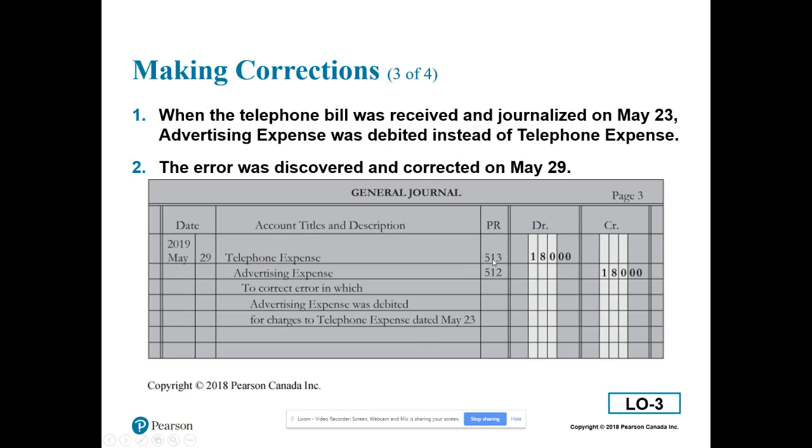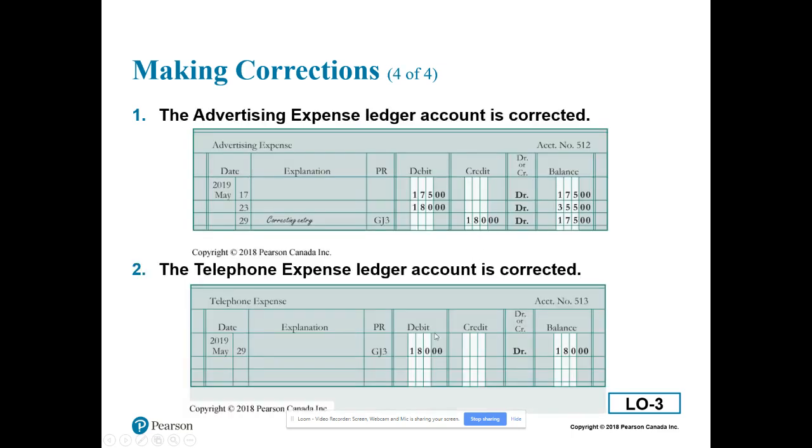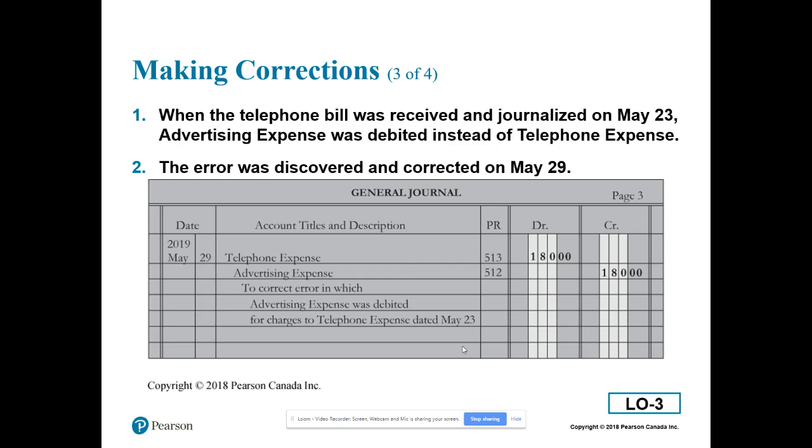Okay. I need to debit my telephone expense, account number 513. I don't know the account number. It's not here. I haven't posted it. Go to account 513. I say debit. Where did it come from? GJ3. I can figure all this other stuff out at the balance. I go back to my journal to see what I need to do next. I say, oh, I just finished that one. It went to account 513.